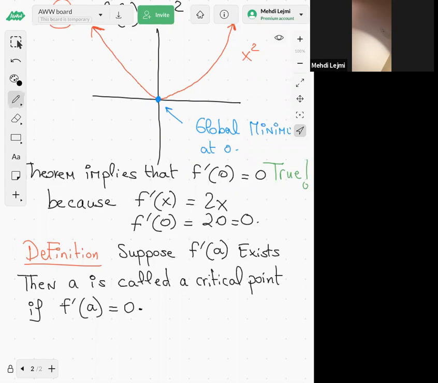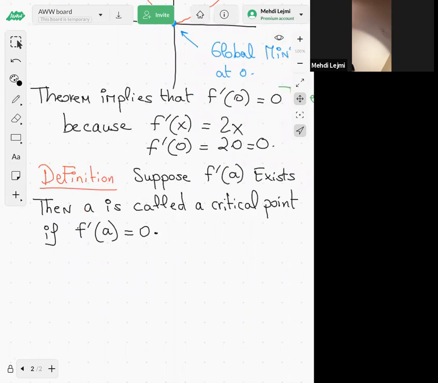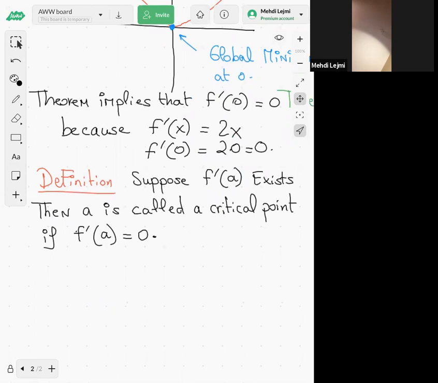But if you have a minimum or maximum, then your a, of course, is going to be a critical point. Anyway, what we're going to do next, as I said, our goal is to try to find the minimum and maximum of function f.